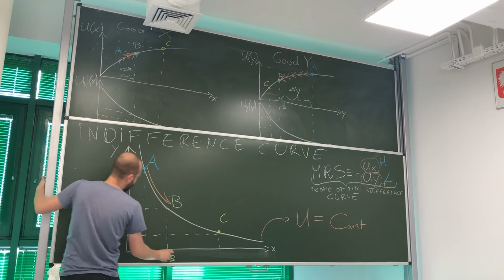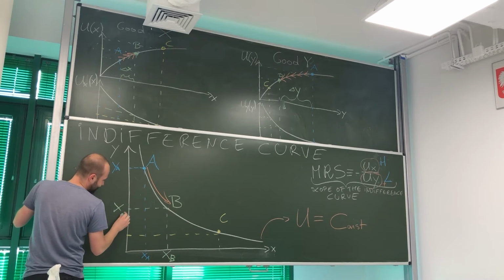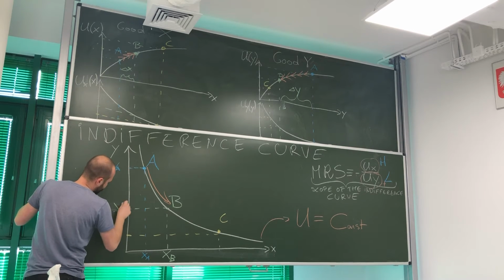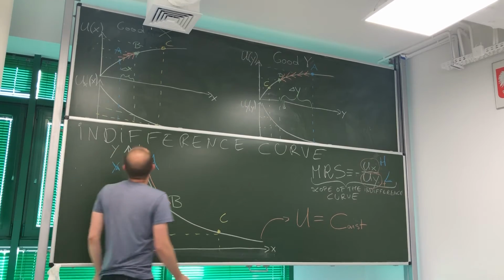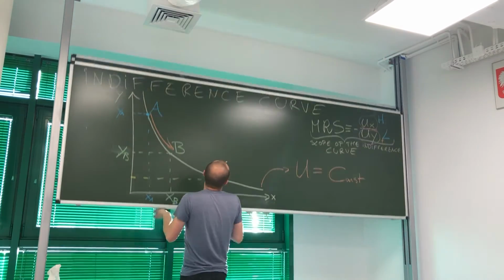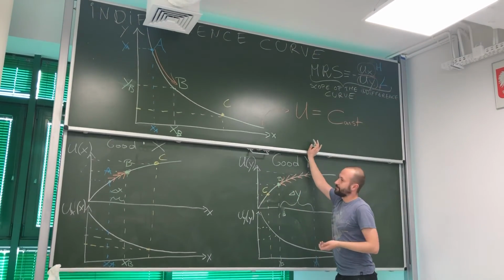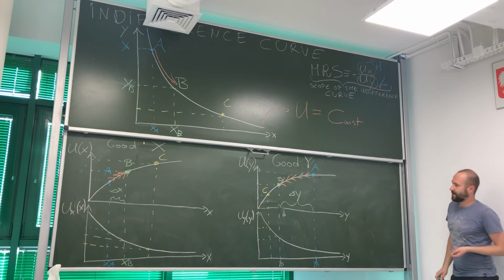And look, now when we move to a point like point B, this point B is a situation where the customer has, let's just say, equal amounts of both goods. Okay, and what is this telling us in this example, right?